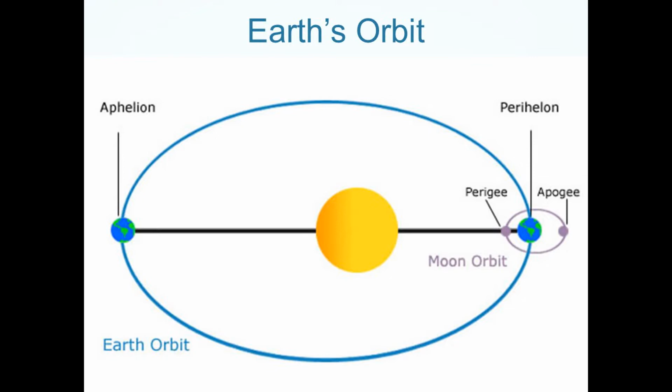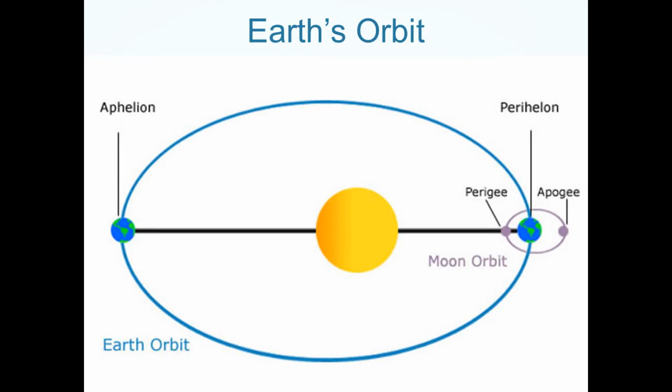And same thing, it has its closest and furthest point. So the closest point to Earth would be the perigee, and then the furthest away point would be the apogee. So depending on where the Earth is compared to the sun and where the moon is compared to the Earth will determine whether we have really large tides or really small tides here on Earth.